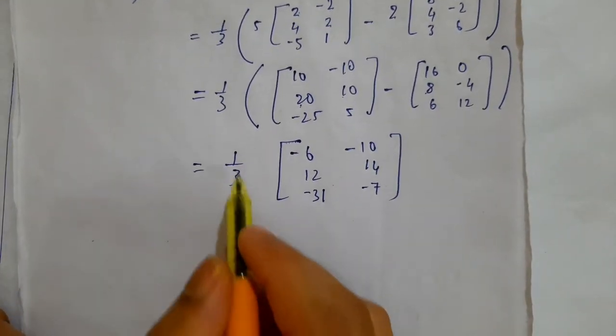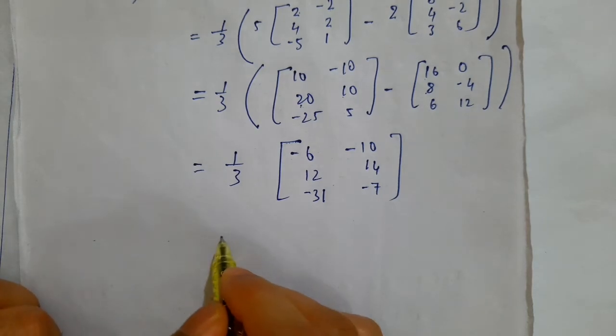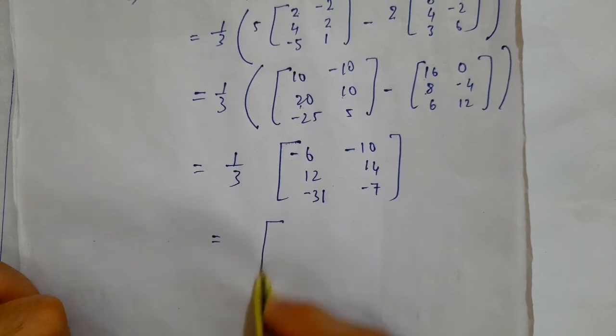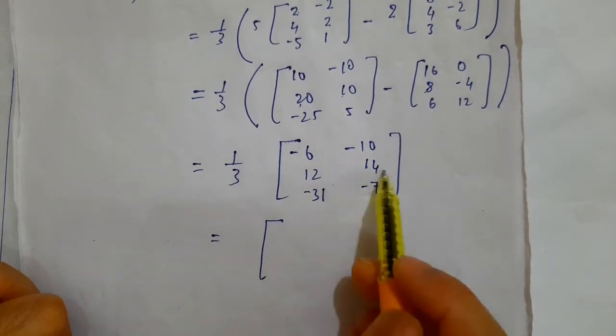And here we have a 1/3. That means we have to multiply 1/3 with each and every element of this matrix.